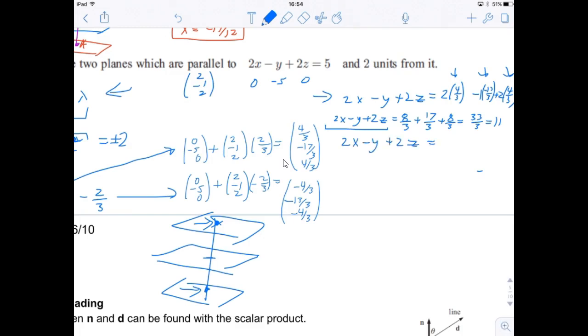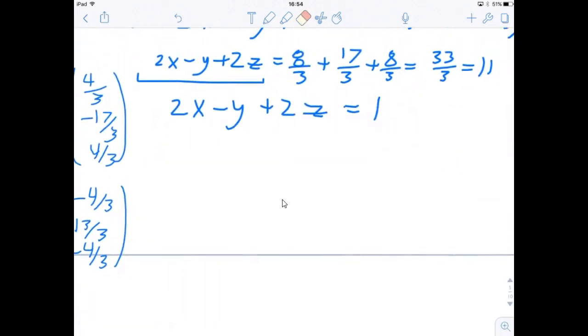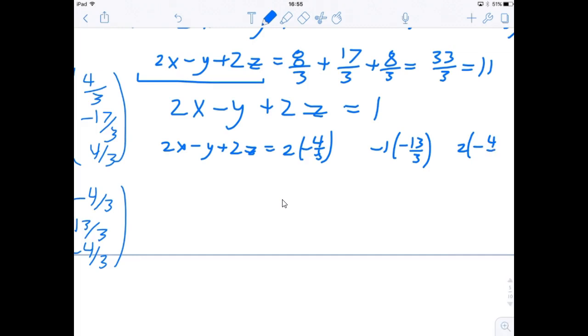Okay? And then the other equation we would use, we would have 2x minus y plus 2z. On the right side, we would have 2, -1, and 2. And here we're going to put -4/3, -13/3, and -4/3 here.